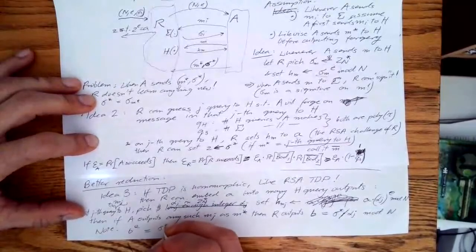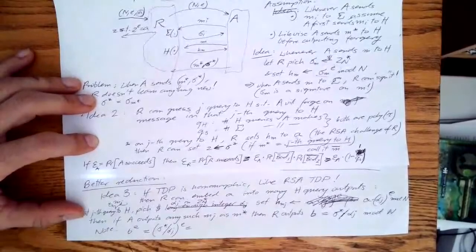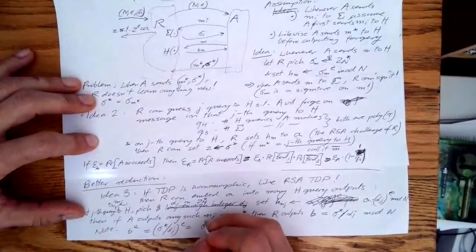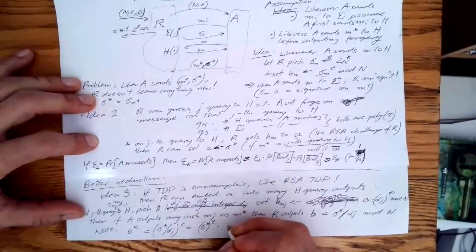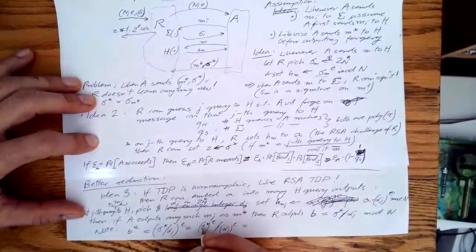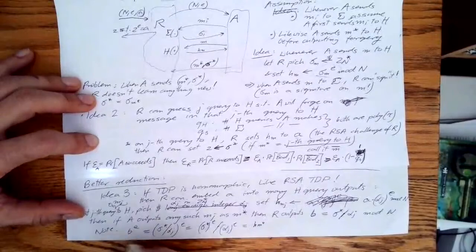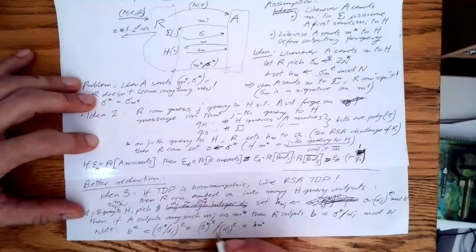It's sigma star over alpha_j, to the E. So this is sigma star to the E divided by alpha_j to the E. But sigma star to the E is supposed to be the hash of M star, right?